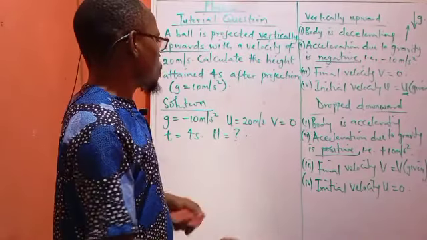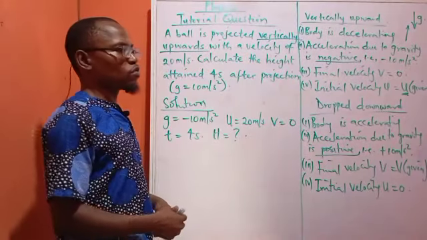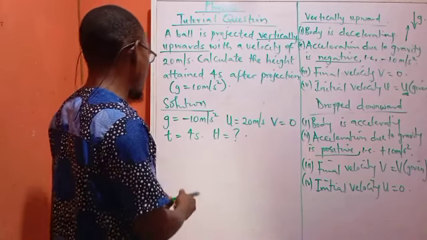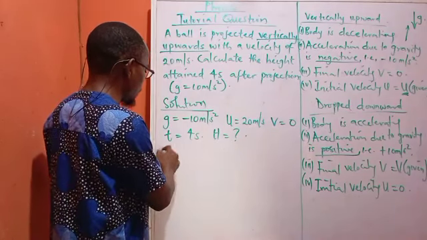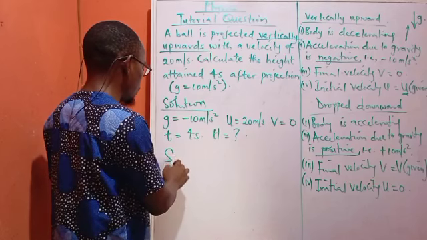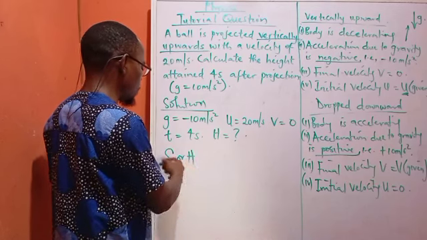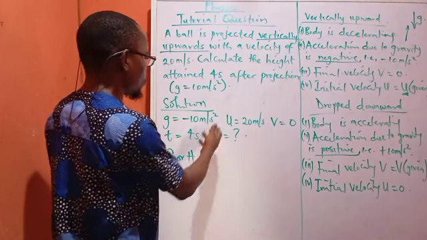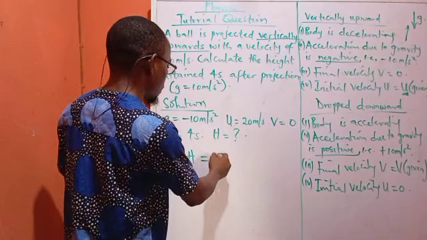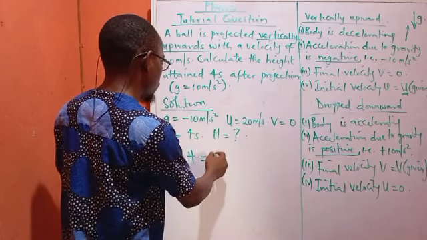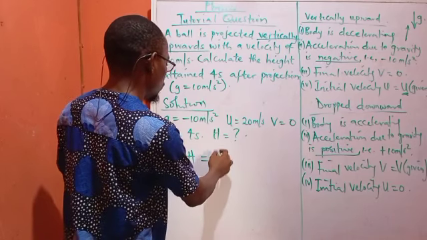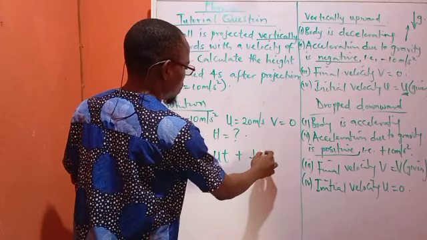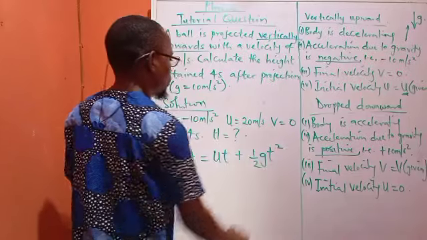Okay, so if we are going to be using the equations of motion, since we want to calculate the height, we can say height, which is distance, s, equals what? Which of them are we going to use? Let's say we'll be using ut plus half gt squared.